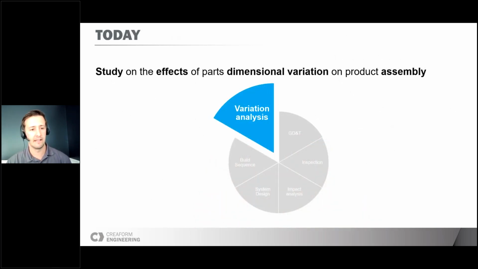Variation analysis, if we try to put a definition on this term, is really the study of the effects of your parts' dimensional variation or tolerances on the product assembly. This is the nice and long definition.